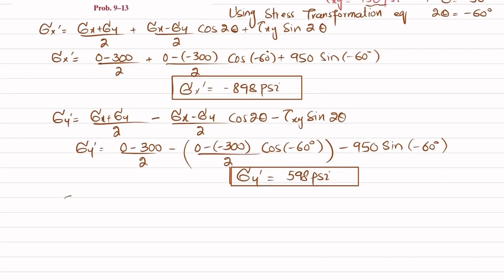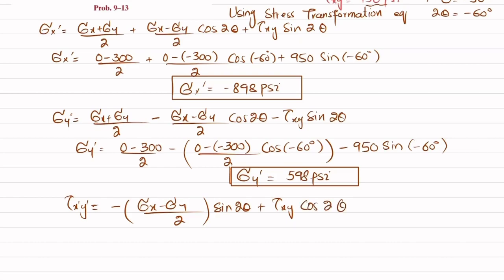Now we'll find tau of x dash y dash. We know that tau of x dash y dash is equal to minus sigma x minus sigma y divided by 2 into sine of 2 theta plus tau of xy cos of 2 theta.